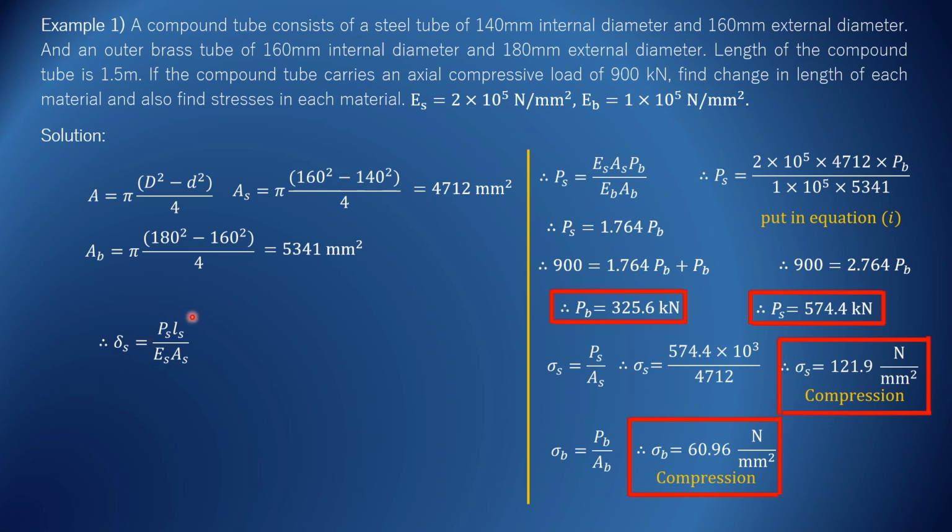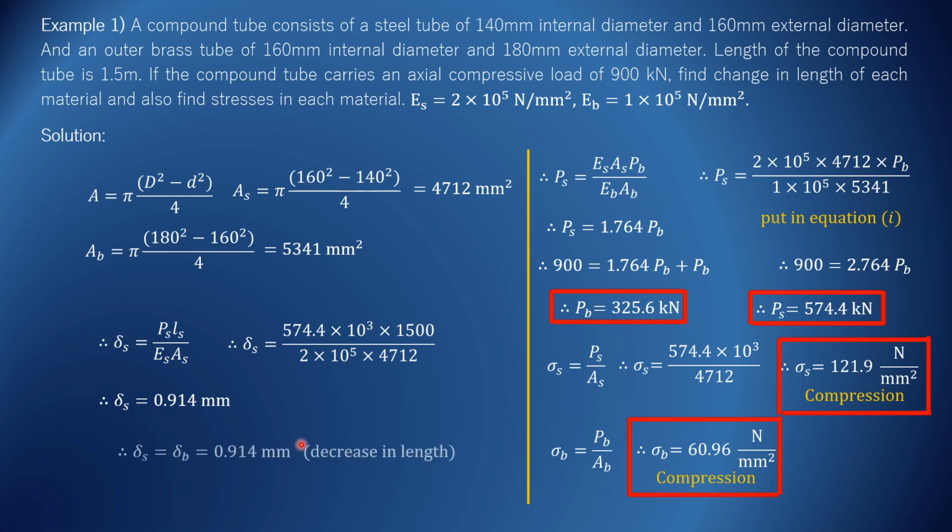So delta S is PS LS upon ES AS. Put the values, take care of units, and you have found it. And it is a decrease in length. So delta S is equal to delta B, and that is a decrease in length. So this is the complete answer.